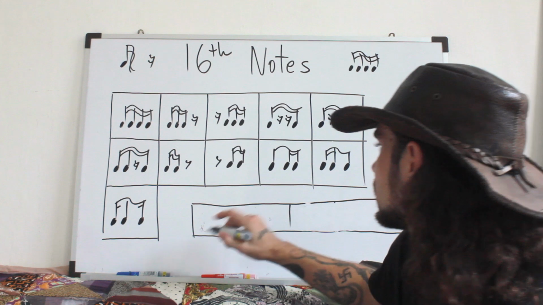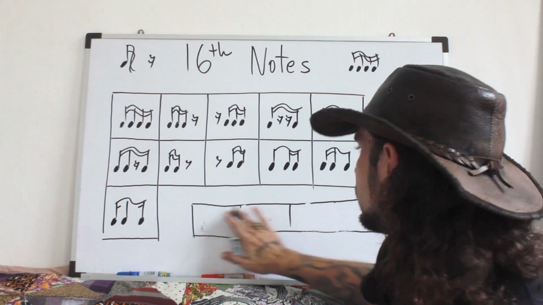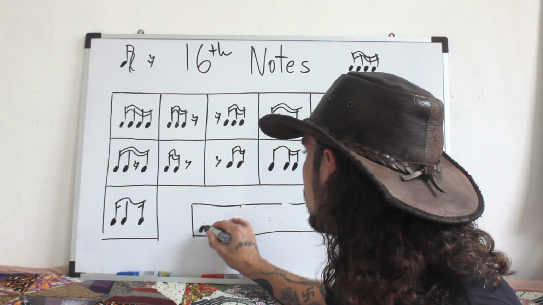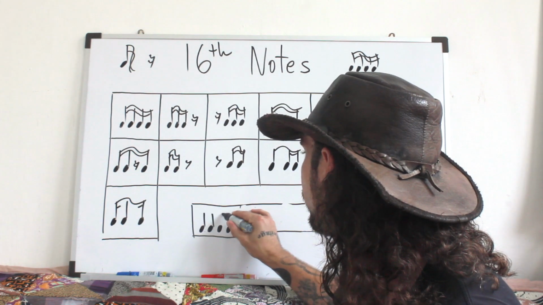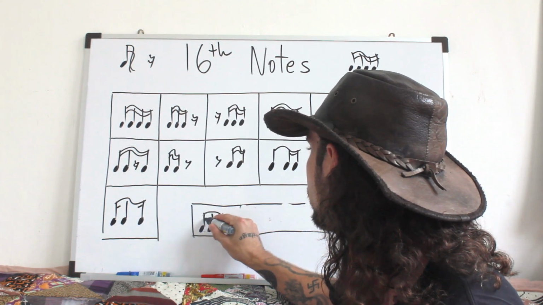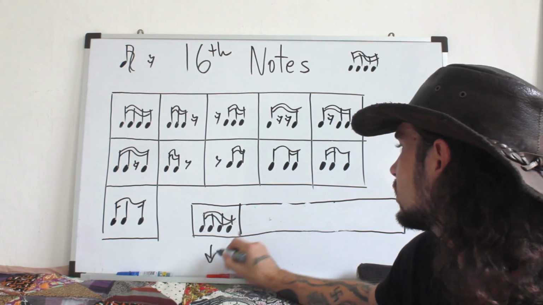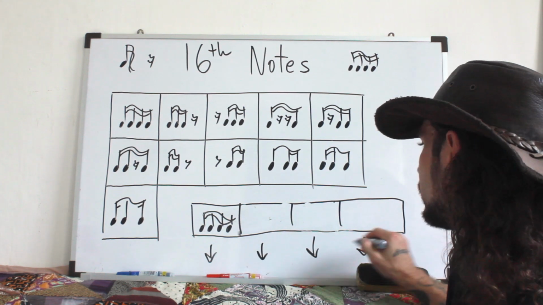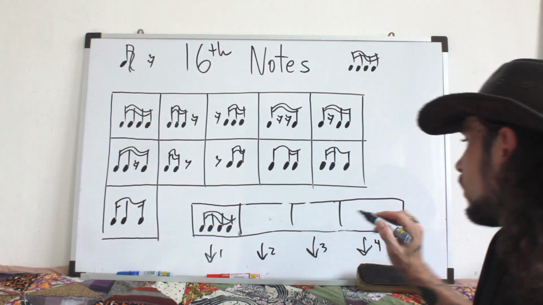So let's cut this up now. We'll just go ahead and put four of these guys in a quarter note. So here we have a quarter. Here's our downbeat, downbeat, downbeat. This would be like 1, 2, 3, and 4.